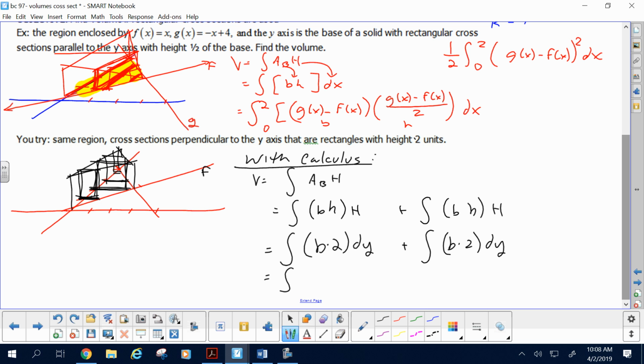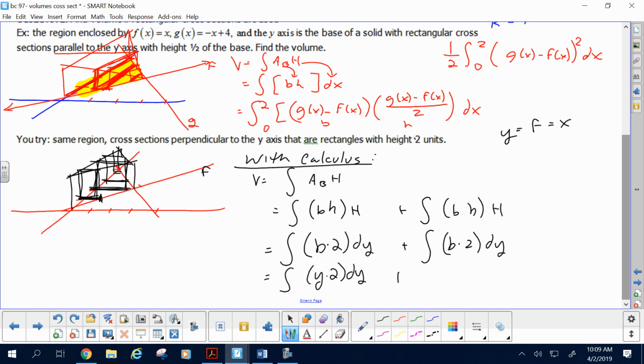Right minus left. The right is f, but it needs to be in y terms. If y equals x is f, then instead of f we're going to use just y, because y and x are equal.